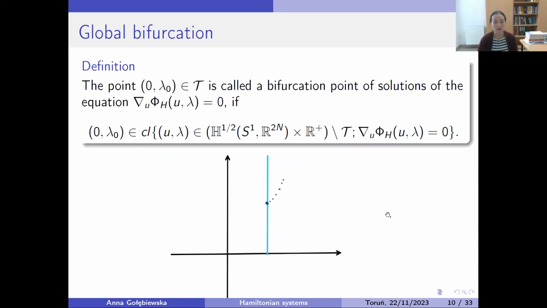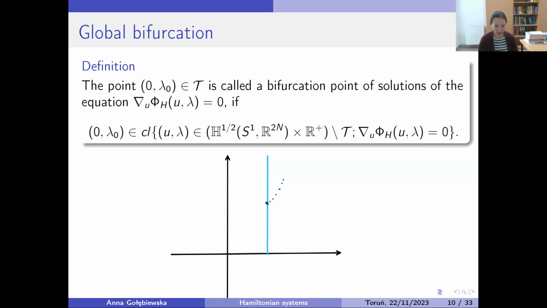And let me draw it maybe. So this definition can be illustrated as follows. I have here the blue line. In fact, I haven't drawn it here for 0, but for an arbitrary equilibrium to illustrate it better. So this blue line is my family of all possible trivial solutions.